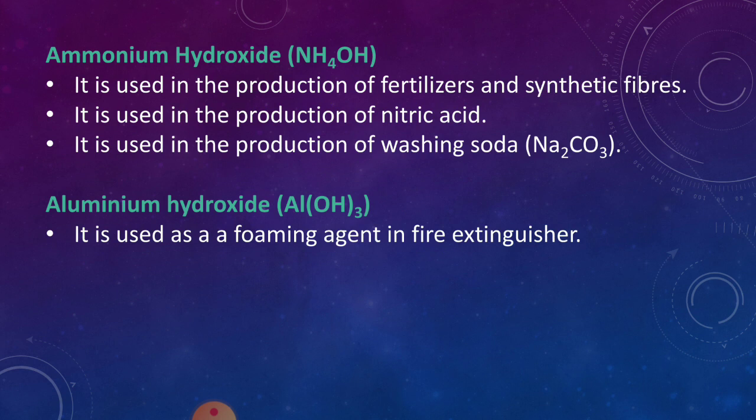Ammonium hydroxide is also used in the manufacturing of nitric acid. Then aluminium hydroxide. Aluminium hydroxide means Al(OH)3. It is used as a foaming agent in fire extinguishers.